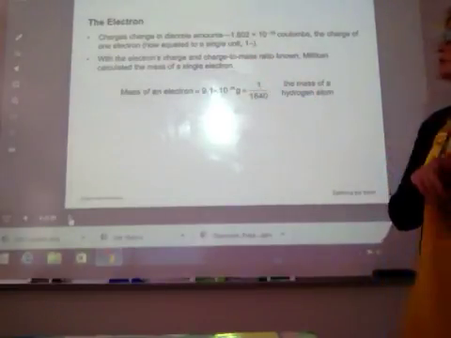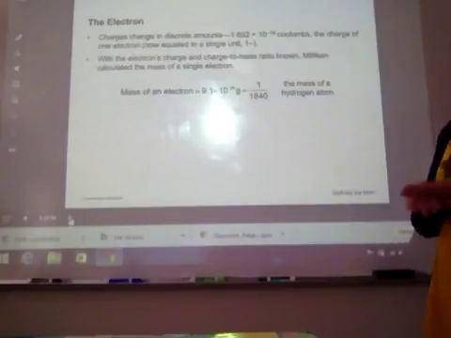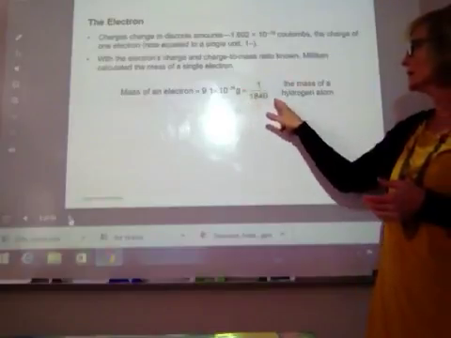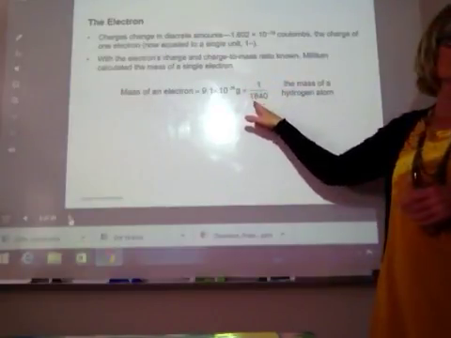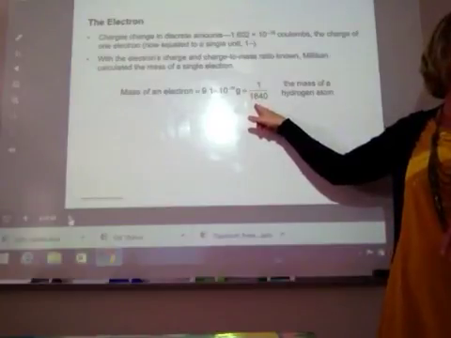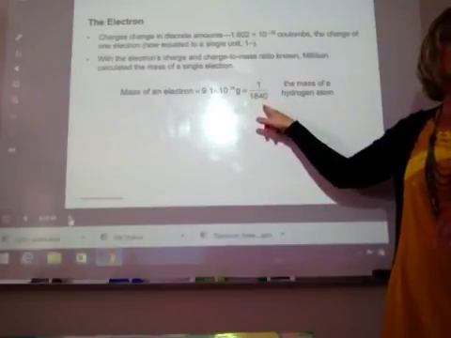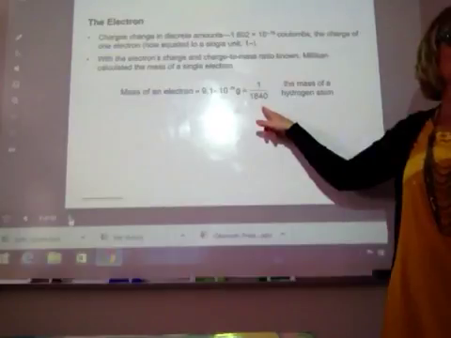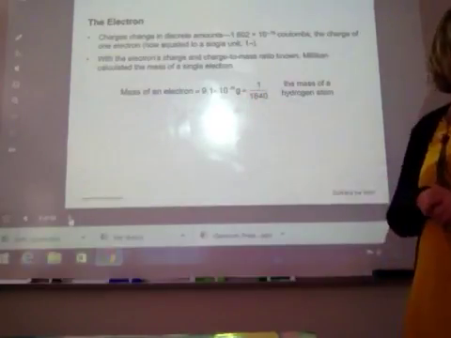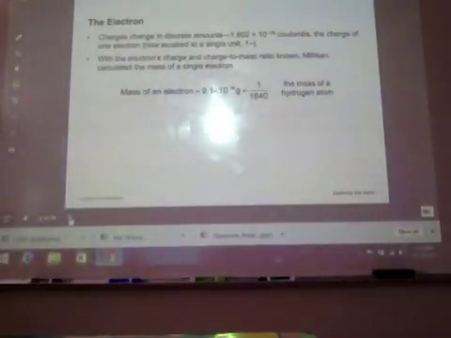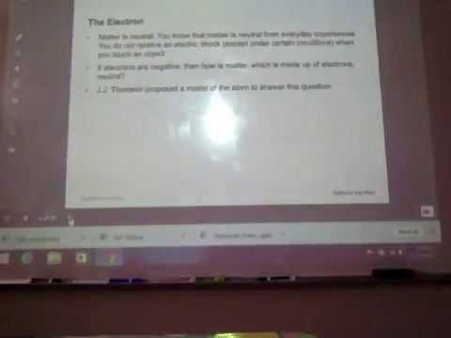With the electron's charge found and its mass found, we could actually calculate the mass in grams, 1 over 1,840, which is very, very tiny. So when we talk about the mass of the atom, we neglect that number because it is so tiny. We look at the mass that's only found in the nucleus.